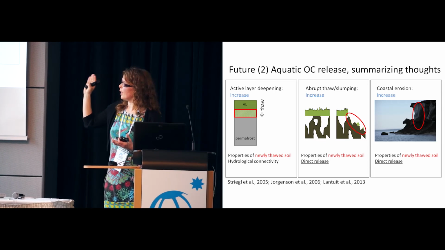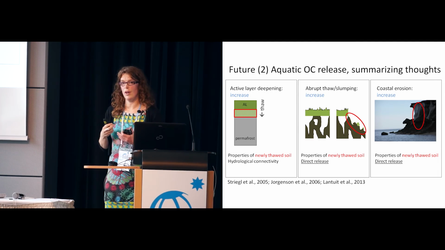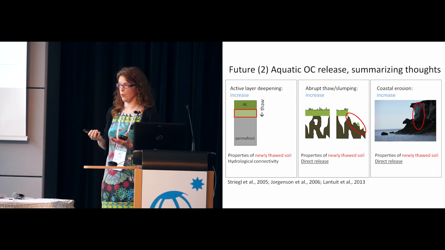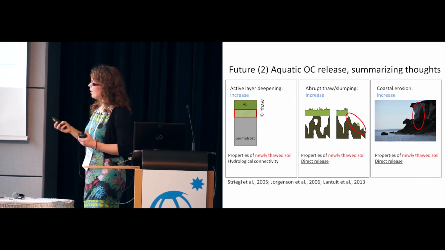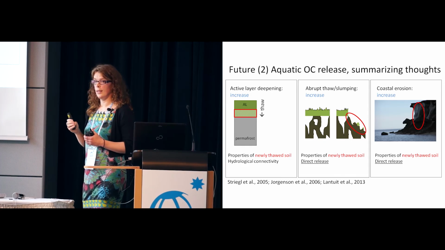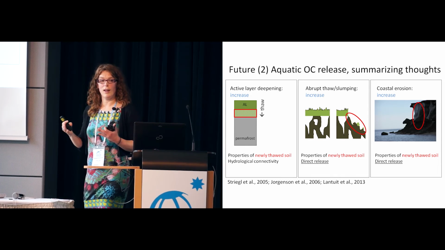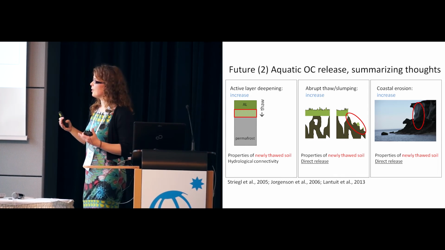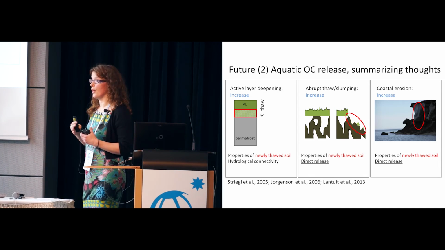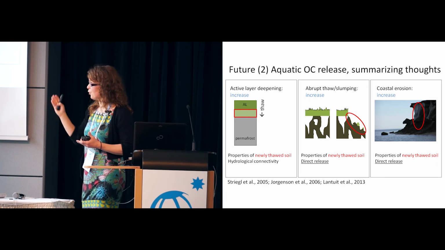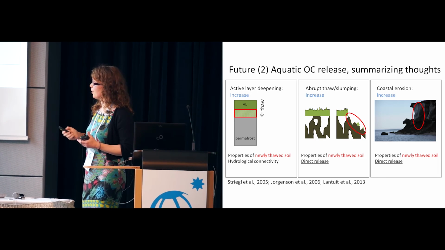On both thaw types on the right, so both with coastal erosion and abrupt thaw, you have much more direct release into your aquatic system. Whereas active layer deepening might never see the light of water, as you can say it, because it might never reach a stream or a river, or it's actually very close to a stream or river. So the connectivity is important to determine the release.